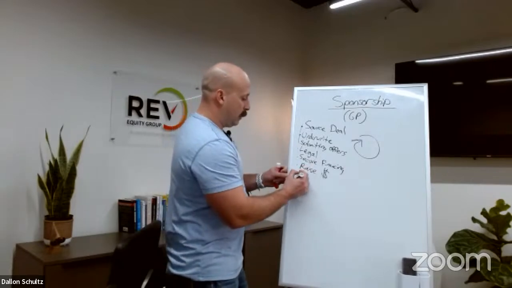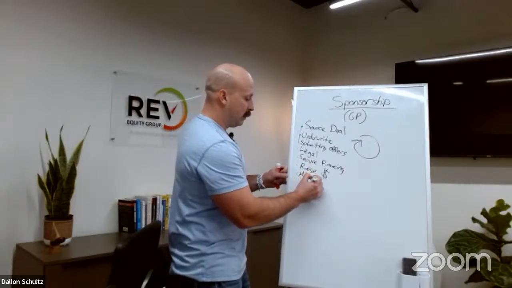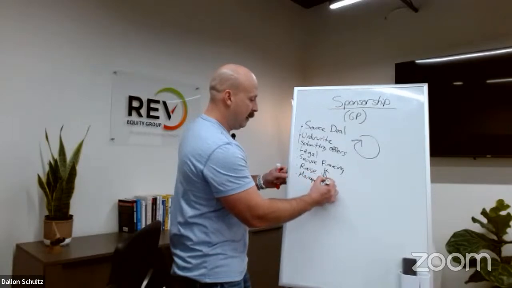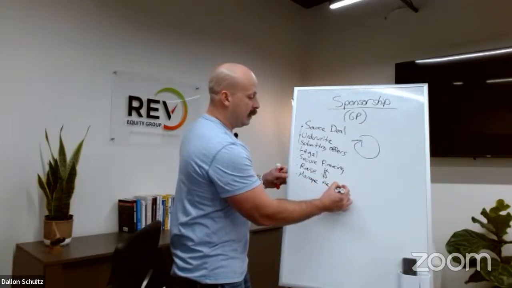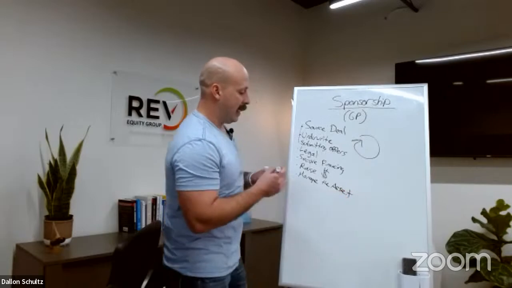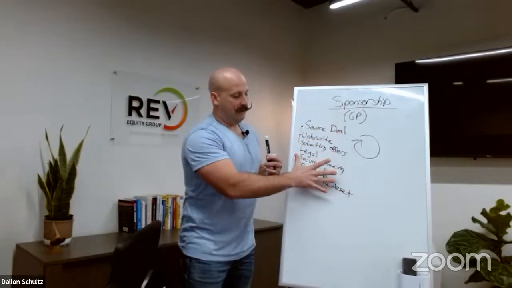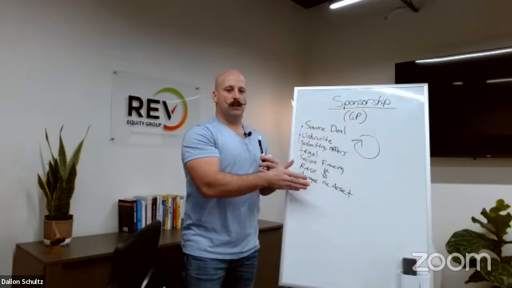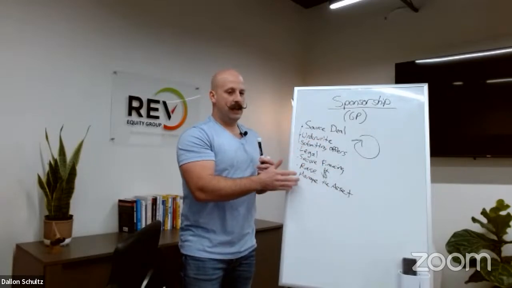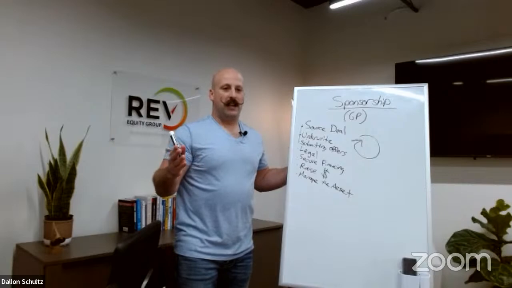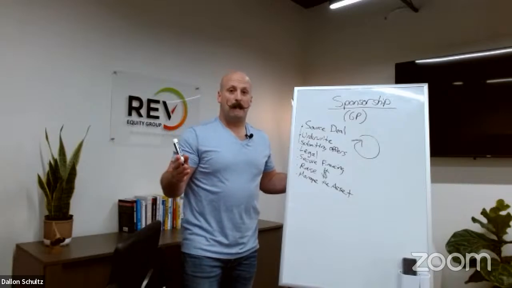And then the last one, which is actually the most important, is managing the asset. So once you go through all this process and you get the deal closed and you get ownership of it, the next 3 to 5 years, it's all about fulfilling the business plan.